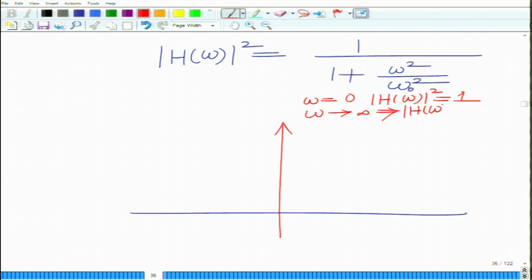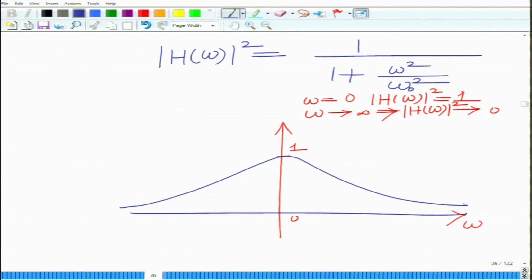So, magnitude H(omega) squared is 1 at omega equal to 0, and as omega tends to infinity, it tends monotonically to 0. Similarly, as omega tends to minus infinity, it tends to 0. So, you can see this has a peak at omega equal to 0 with a maximum gain of unity, and on both sides, as omega tends to infinity or minus infinity, the gain of the filter decays to 0.